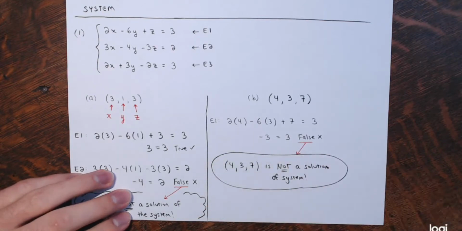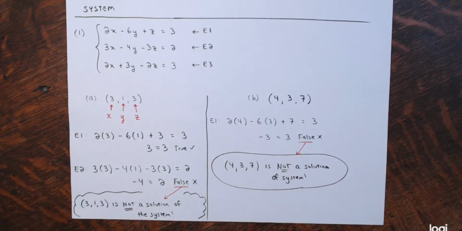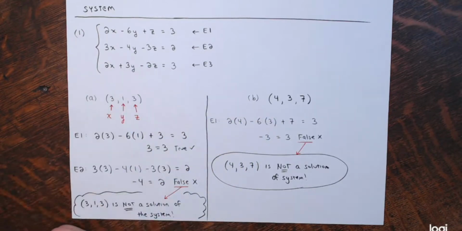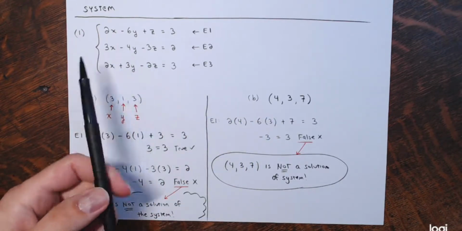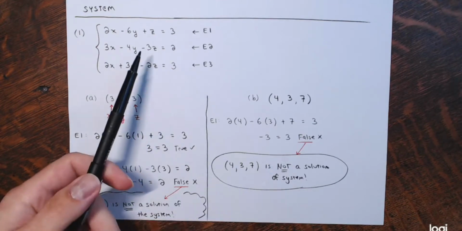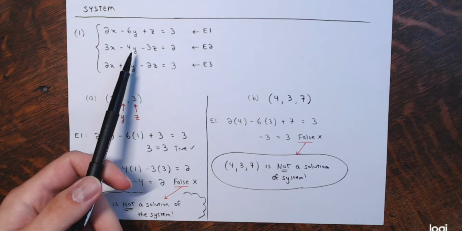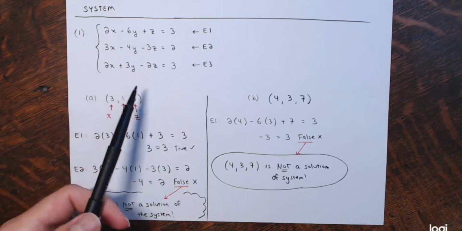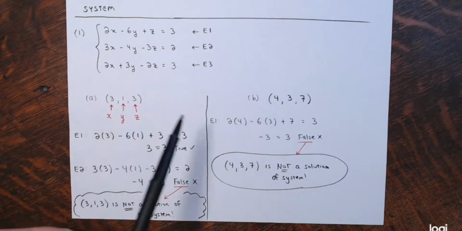Okay, and there's the first example. Now be careful though. Just because these two ordered triples didn't work doesn't mean that the system doesn't have a solution. The system may still have a solution. There may be a value of x, y, and z that satisfies all three equations. It's just not these two.